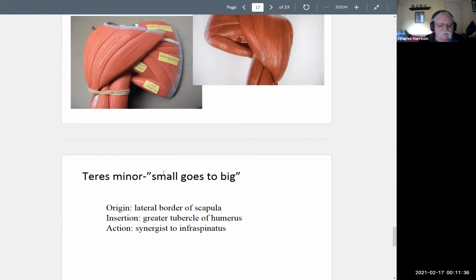Okay. Insertion, the greater tubercle of the humerus. In action, it's a synergist to the infraspinatus. So the card's not telling you what the action is. The card is saying, go and look at the infraspinatus to find out what the action is.